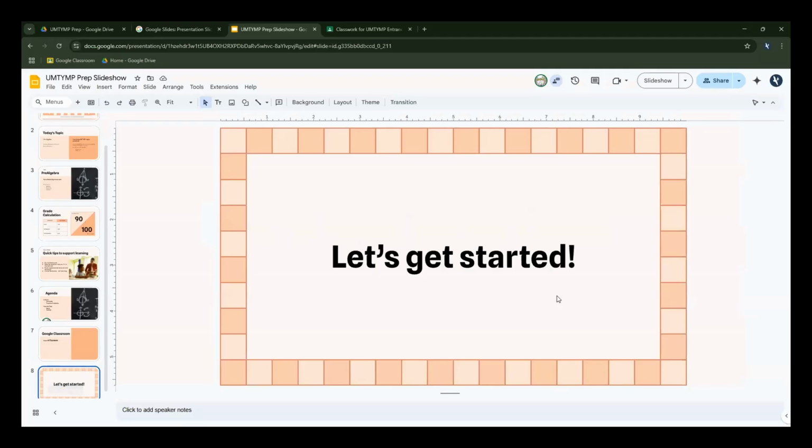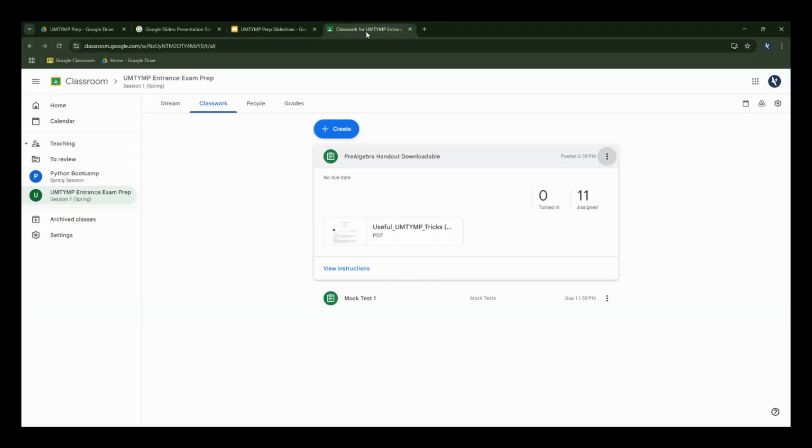So for everyone that's already joined the Google Classroom, head over to classwork, and you should be able to see a pre-algebra handout, which is a downloadable PDF. You guys can go ahead and download that file. That's what we're going to be going over today, every single topic in that file.